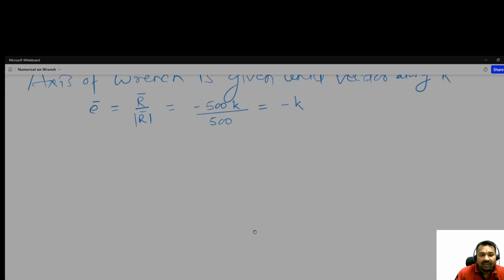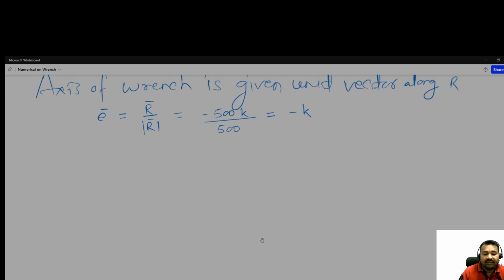Okay. Next we have to get the component of CR along R, meaning the axis of the wrench.